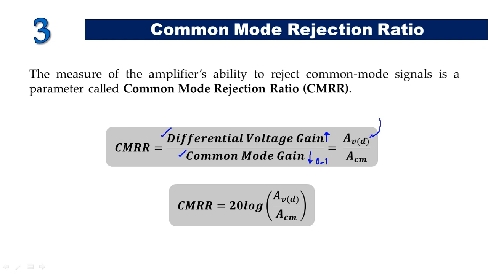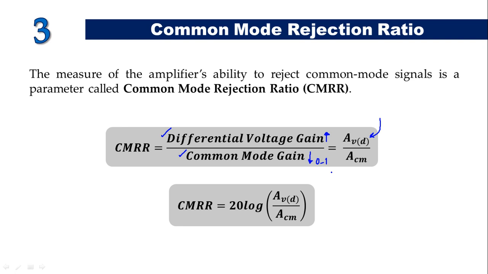So, yung ating mathematical symbol for differential voltage gain is A sub V of D. And yung common gain naman, common mode gain is A sub C sub CM. Okay? So, yung ratio niyan dalawa na yan is yung ating CMRR. So, the higher the CMRR, mas maganda. A very high value of CMRR, ibig sabihin yan, mataas yung ating differential gain, mababa yung ating common mode gain.